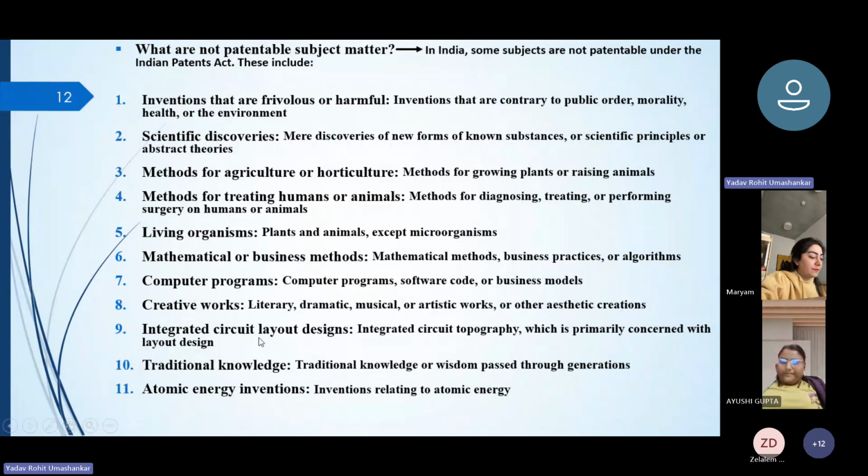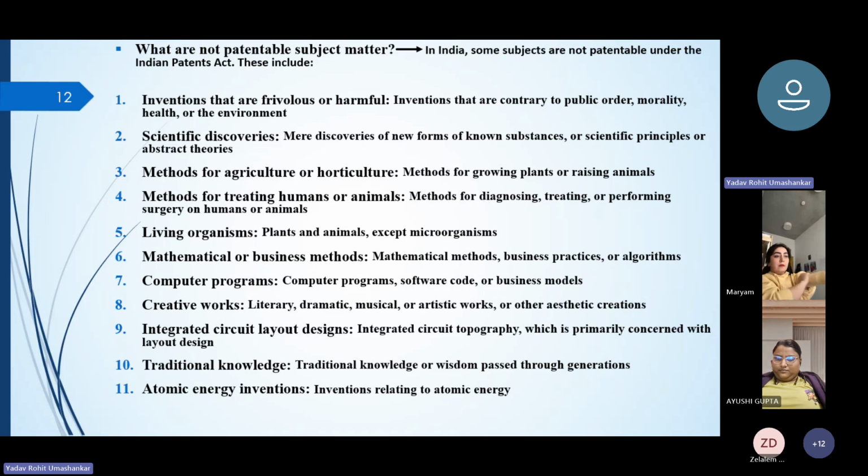Integrated circuit layout design: for example, you are designing an IC, an integrated circuit, in some electrical instrument, and you are designing in a new way, in the sense that you are just changing the design or the layout of that model. That also doesn't fall under the patentable subject matter. The other thing is traditional knowledge, the knowledge that is coming from the past.